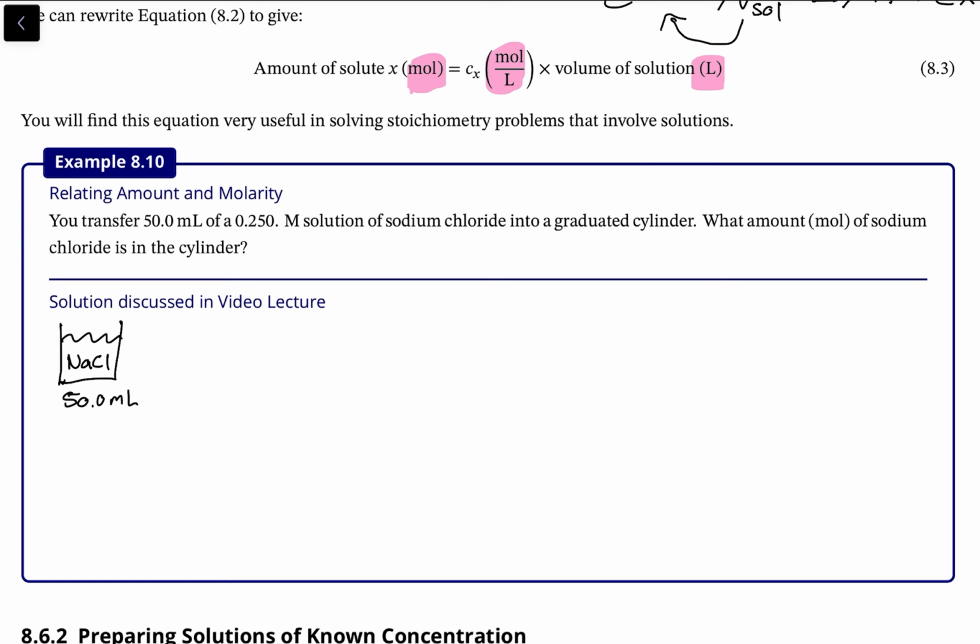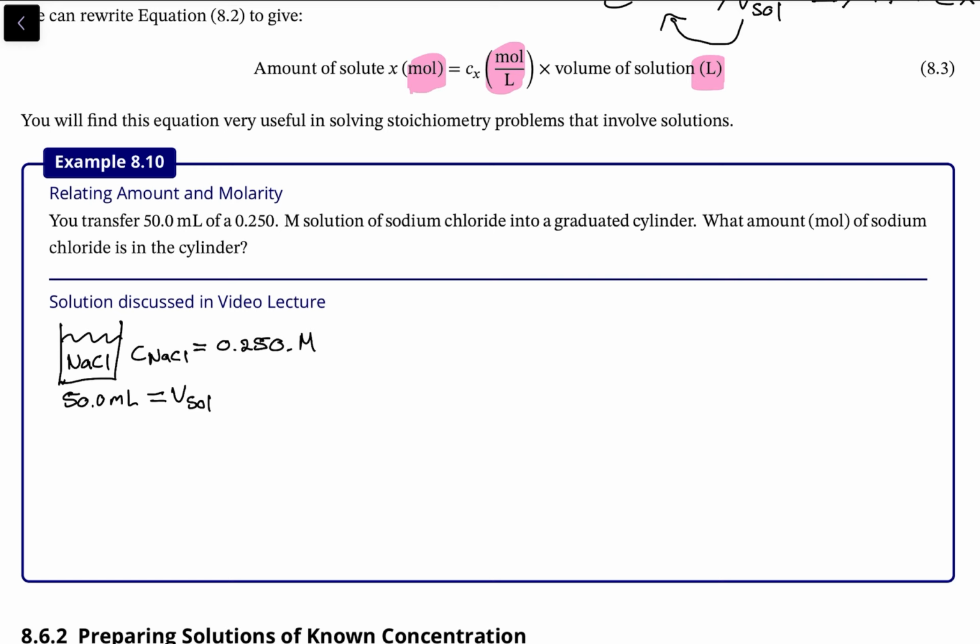This 50 milliliters is the volume of the solution. This solution has a concentration of sodium chloride of 0.25 molar. Okay, solution into a graduated cylinder.